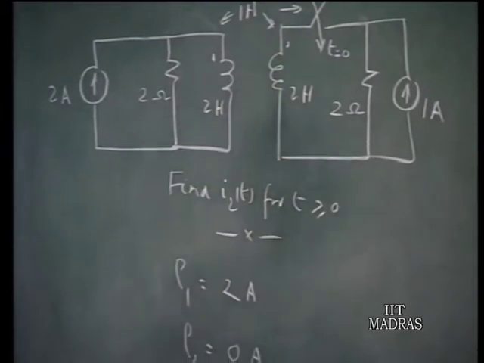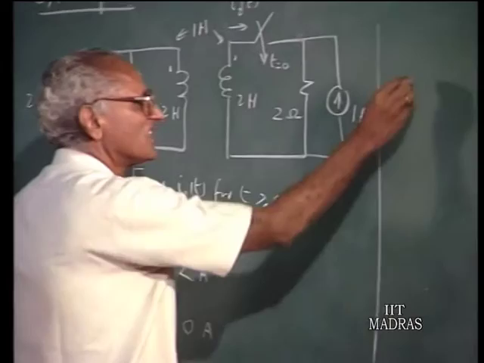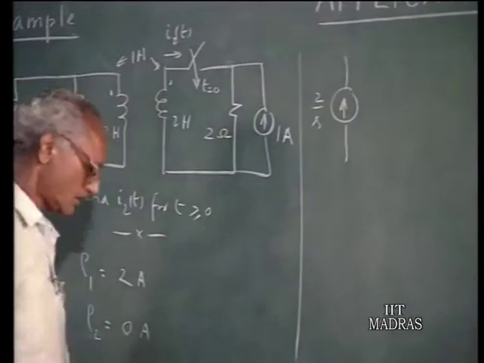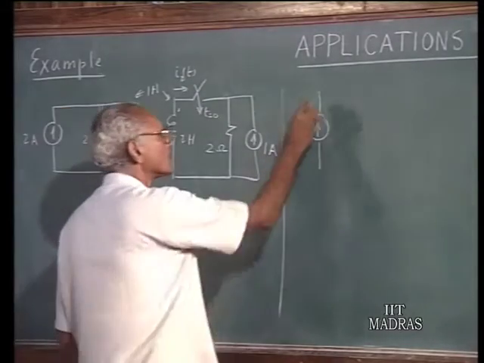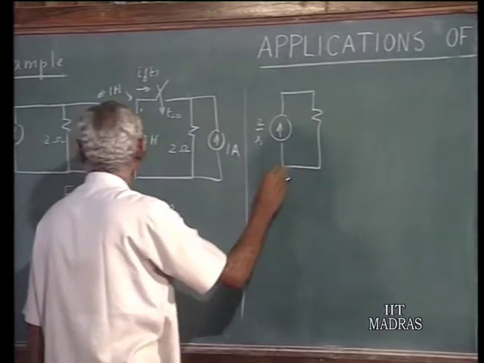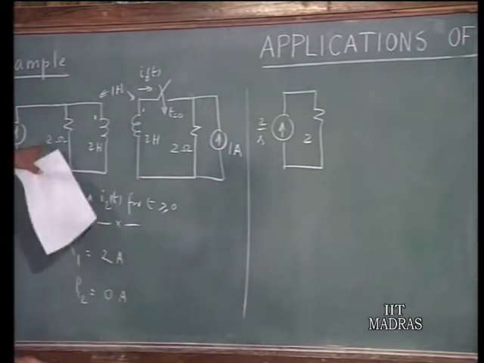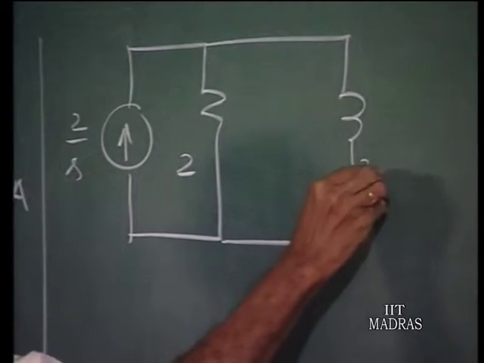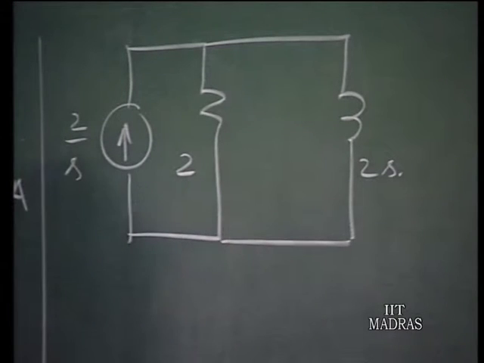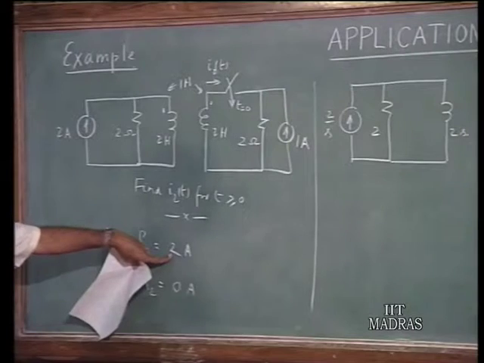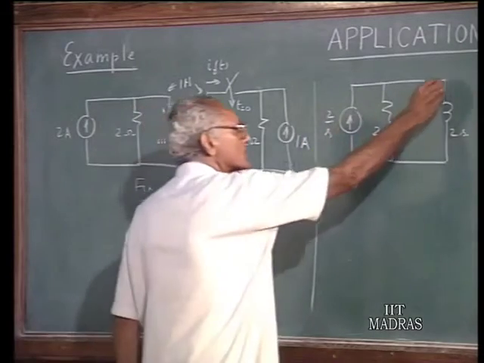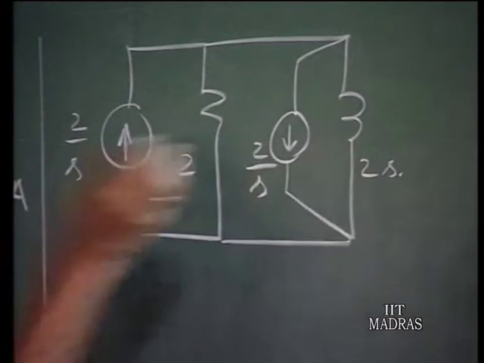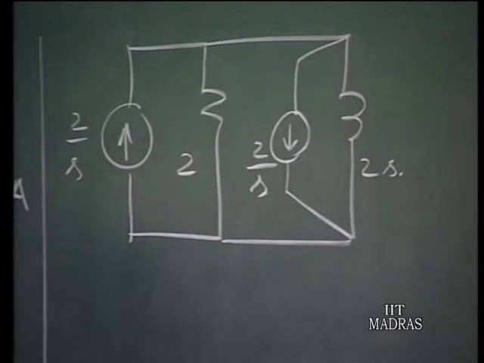So, if you set up the transform diagram for this, corresponding to the 2 ampere DC source, you have 2 by S, that is the current source in the transform domain, and you have the generalized impedance of this resistor 2, and the self inductance 2S. Since the initial current here is 2 amperes, I can replace this by an equivalent current source of 2 by S in the second representation which we have just now discussed.